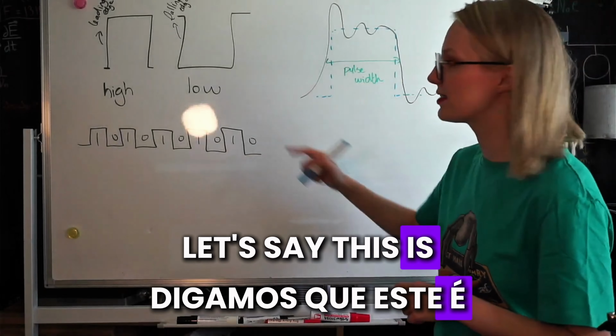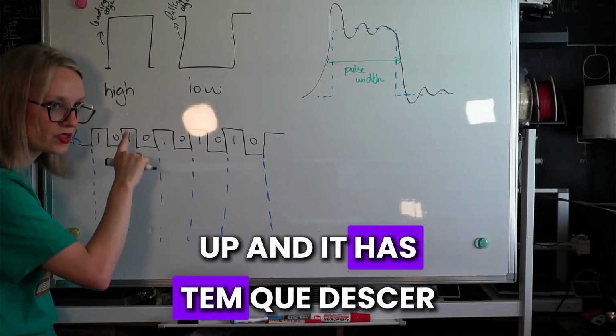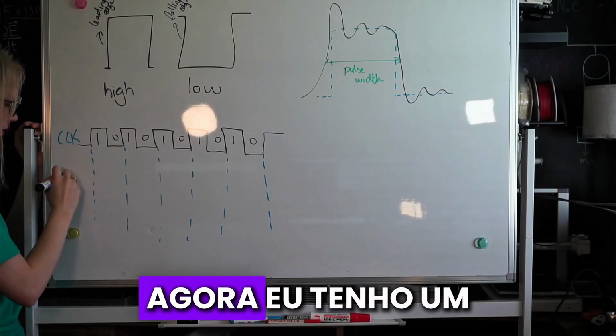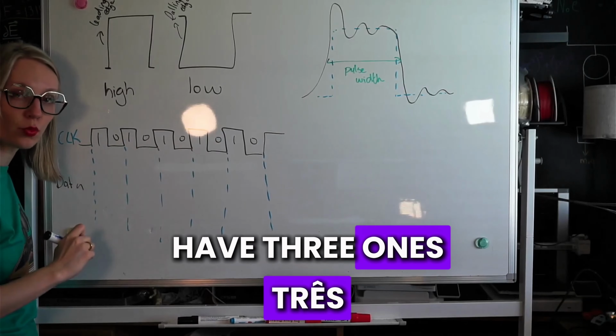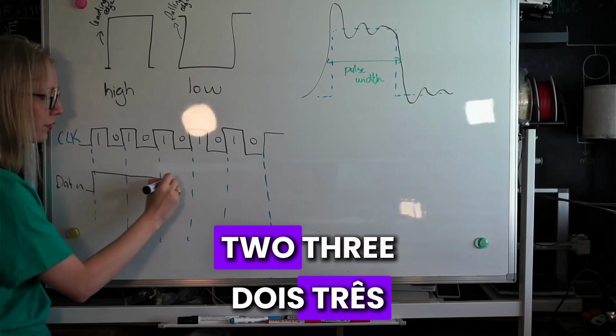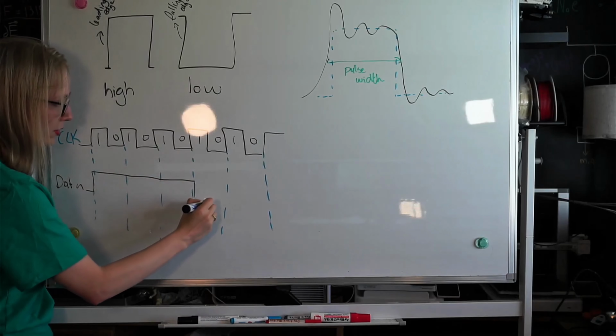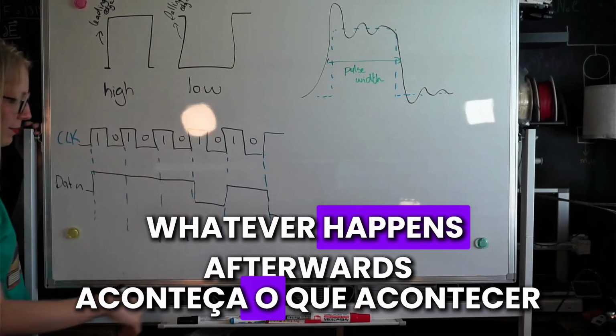Let's say this is our clock. To complete 1 tick of the clock, it has to go up and it has to go down. This is 1 tick. Now I have a data signal coming in. And we said we have 3 ones, one after the other, right? 1, 2, 3. Low, high again, whatever happens afterwards.